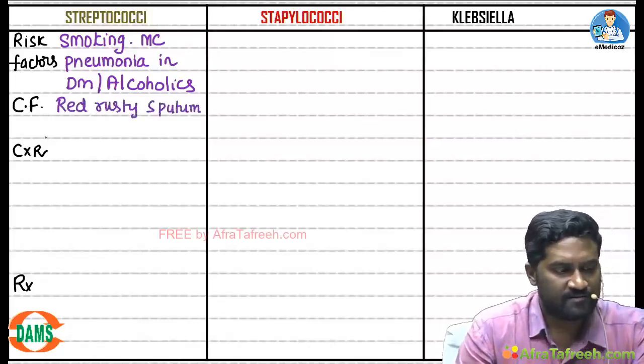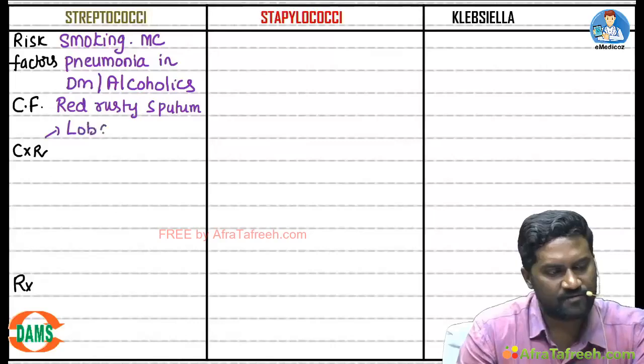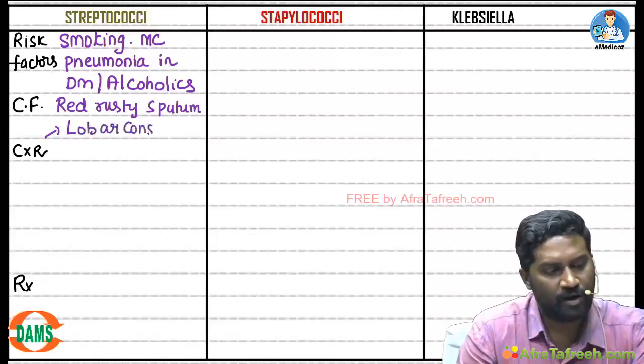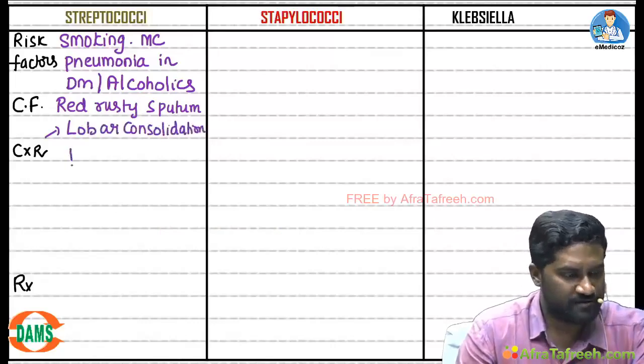Then the important chest X-ray finding in streptococcus is called lobar consolidation. Now what is this lobar consolidation?